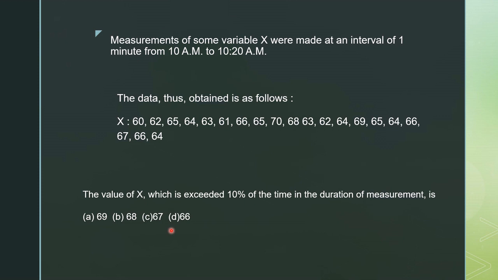So what is the meaning of the question? Which value of x is exceeded 10% of the time in the duration of measurement. From 10 am to 10:20 am, that means we get 20 intervals, right? So see you in the next slide.